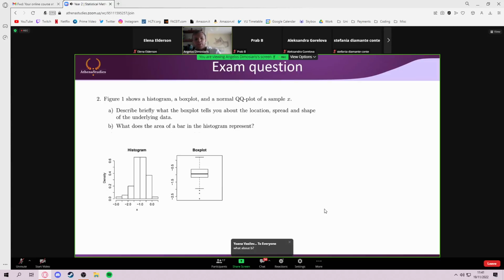Yeah, what about B? What does the area of a bar in the histogram represent? I almost forgot that. So the area of the bar here, let's say this bar or this area or this area. I think we talked about before, it's the density, so it's the frequency of the X value, right?